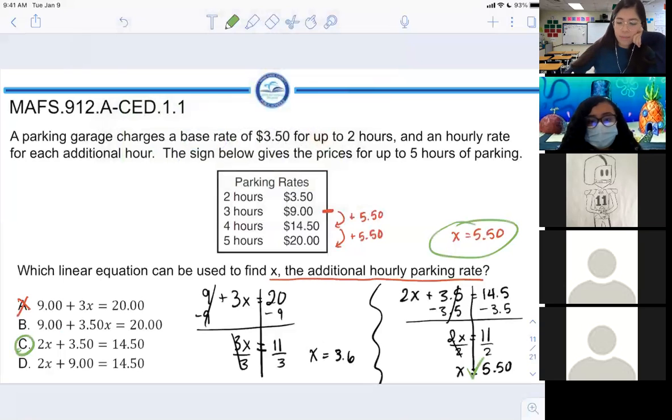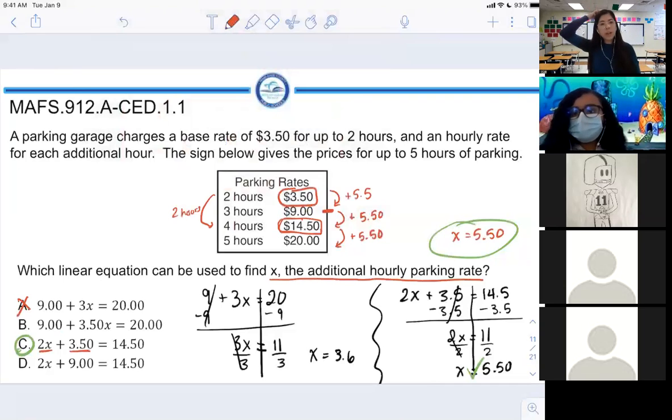When you start at 3.50 and you add X 2 times, you end up with 14.50. Because this is 2 hours, right?